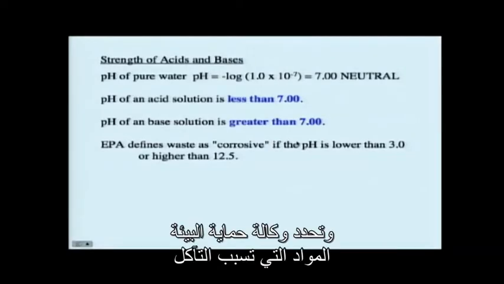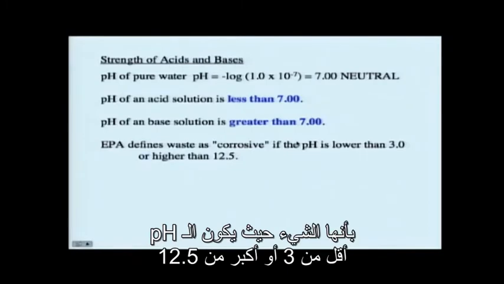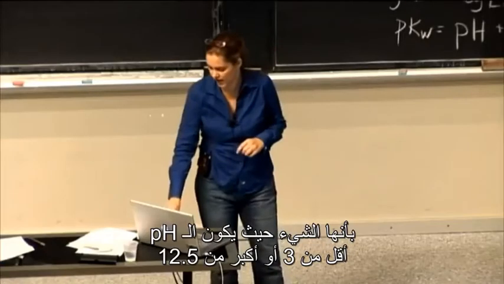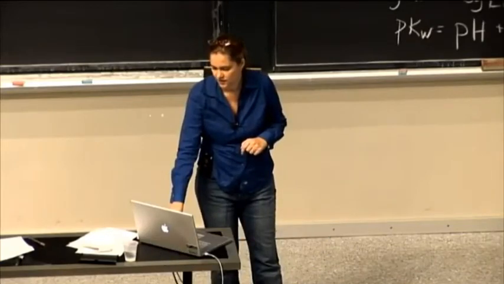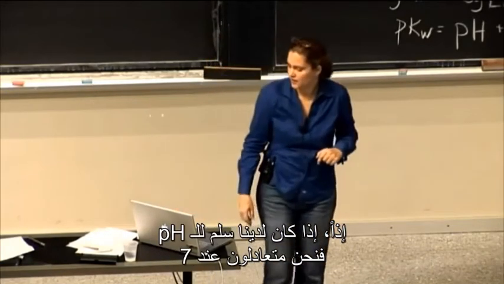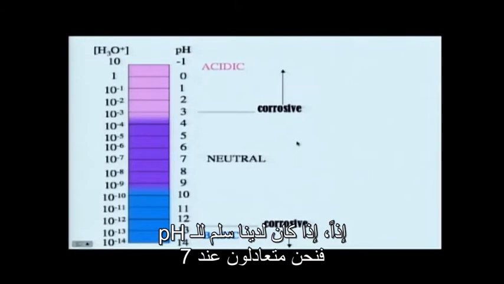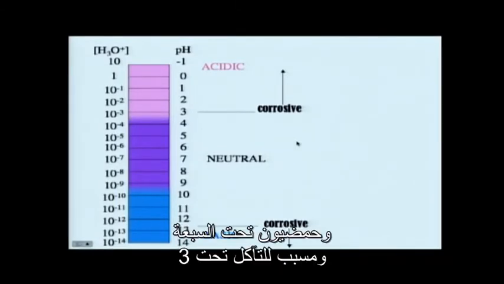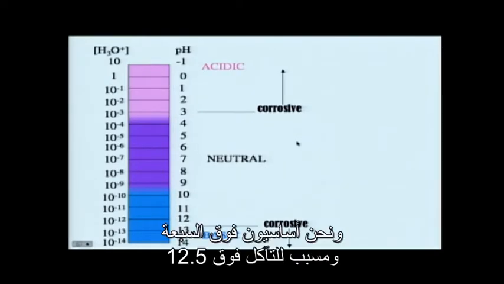The EPA defines corrosive as something where the pH is lower than 3 or greater than 12.5. So if here is our scale of pH, we're neutral at 7, we're acidic below 7, and we're corrosive below 3. We're basic above 7 and corrosive above 12.5.